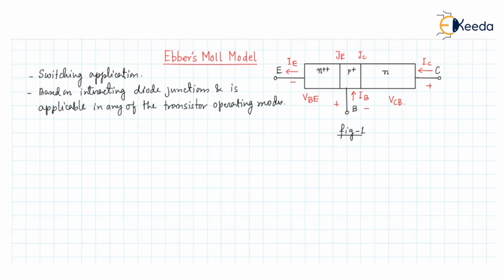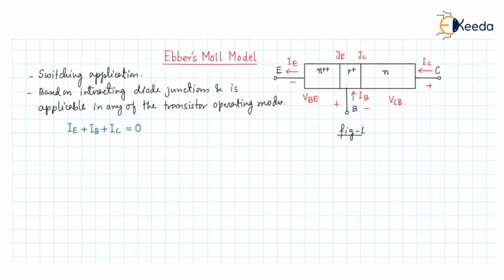From these current and voltage directions, the currents can be related as IE plus IB plus IC equals 0, where the direction of the emitter current in this equation is opposite to that considered in the figure.